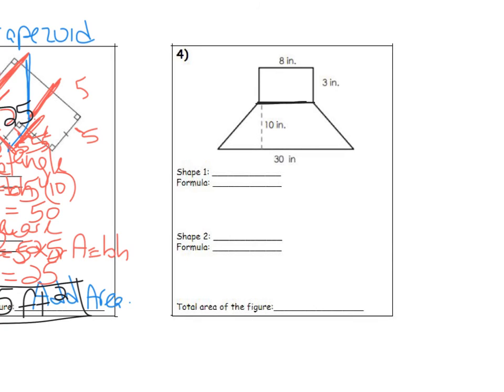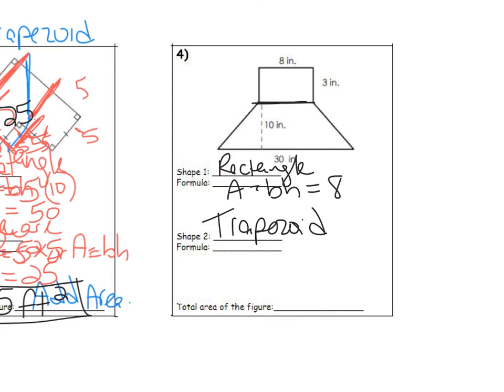The 2 shapes are a rectangle and a trapezoid. So the rectangle, we have the measurements. So A equals base times height. Base times height is 8 times 3, and that's going to give you 24. So I know this rectangle is 24 square inches.